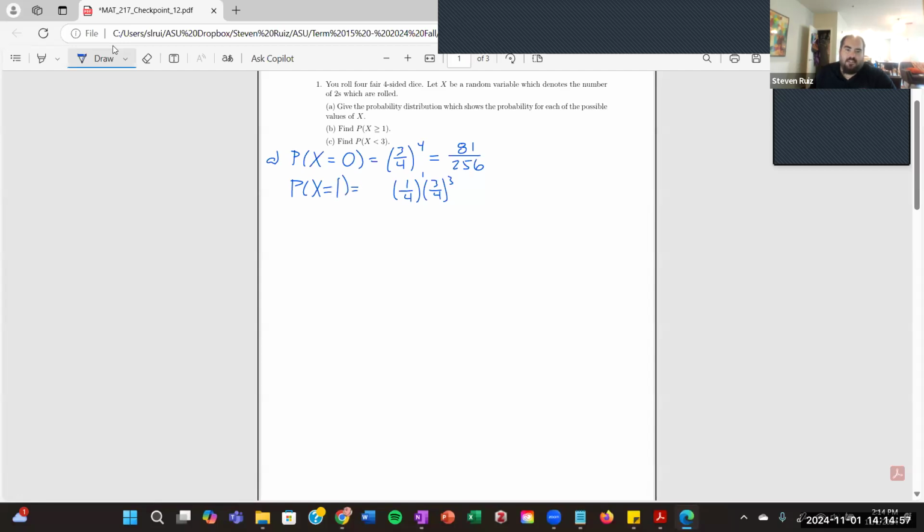There are 4 combinations, so let me make some more room for myself. Of those 4 dice, I want one of them to be a 2. So basically, of a list of 4 objects, I'm going to choose one.